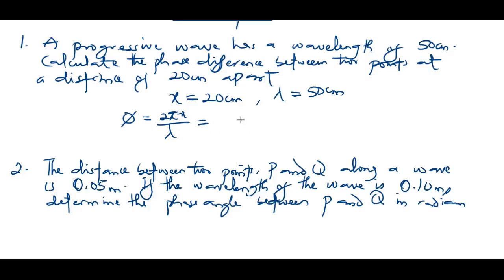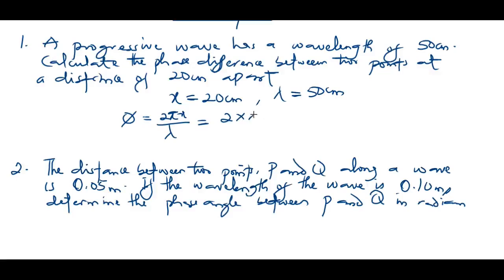Now what you are going to notice here is that our x is given in centimeter and our lambda is given in centimeter. That is why I'm not going to convert it to meter. Under normal circumstances, you're supposed to use meter, not centimeter. But because both of them are given in centimeter, they will eventually cancel out. But if one of them is given in centimeter and the other is in meter, you must convert them to meter.